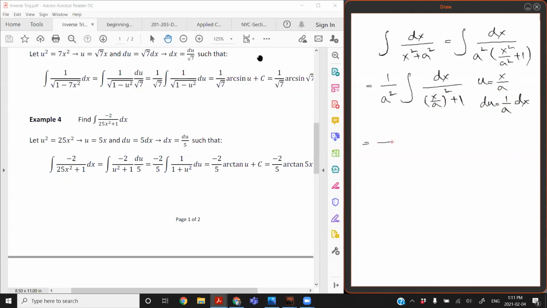So now I can write this as 1 over a integral of 1 over a dx. At the bottom, I have x over a to the power of 2 plus 1. So it's as if I have 1 over a squared, which is 1 over a times 1 over a. I needed that 1 over a for du, so I moved it here. Is that clear what I'm doing?